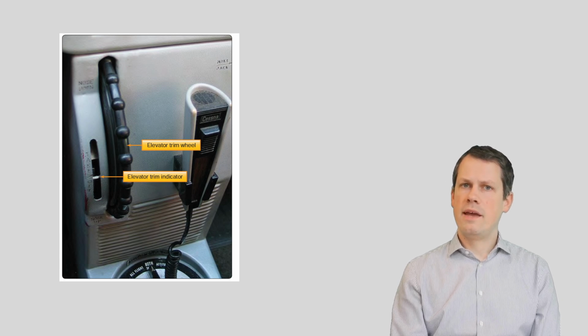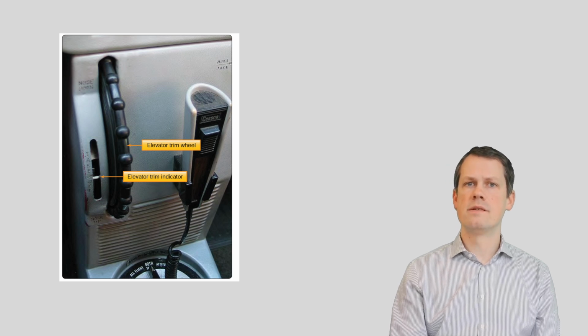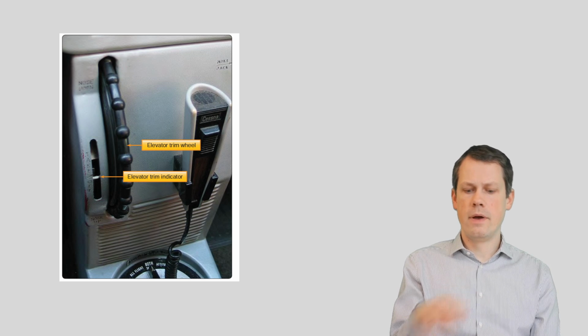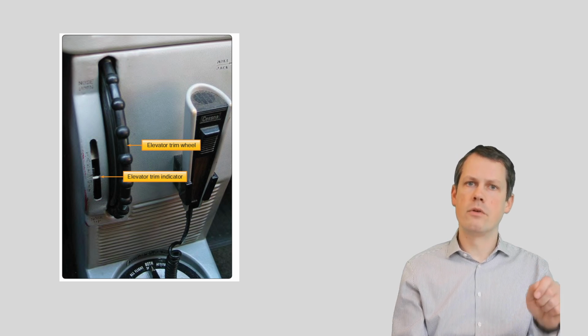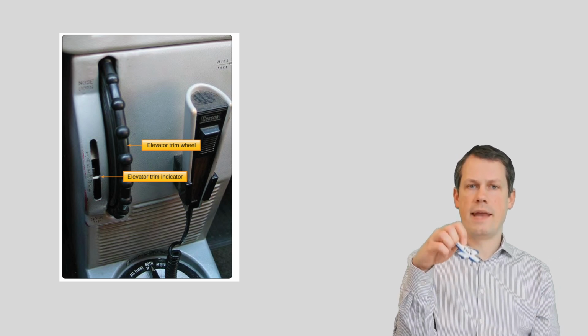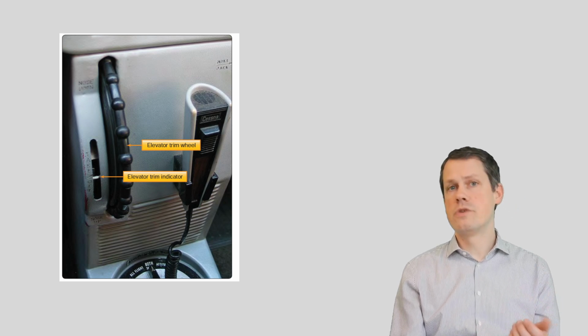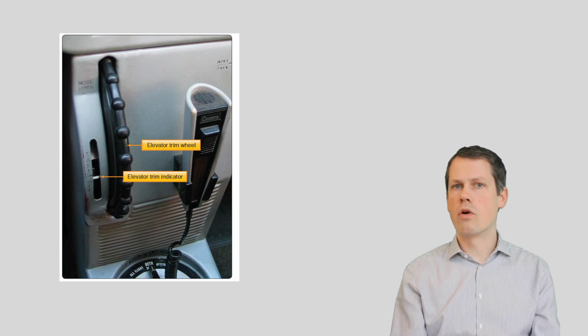We'll talk about it in a second, but the cockpit control looks like this. Often it's a trim wheel, and if you turn it down, you will actually trim the airplane nose up. And by rotating the wheel up, you'll trim the airplane nose down. Sometimes you also have an electric trim control. It's mostly some kind of rocker switch on top of the yoke or stick.